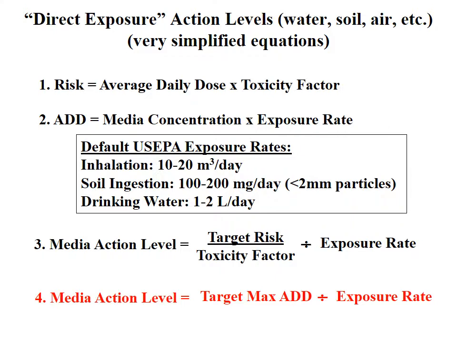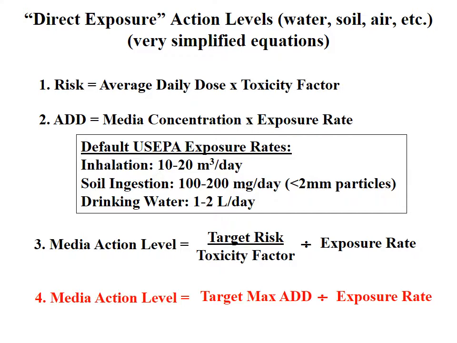This is for exposure to less than 2 millimeter particles of soil. We'll talk about that later, just incidental ingestion of sand-size or flour-size particles of soil. Drinking water, the default assumption is 1 to 2 liters of ingestion a day, 1 liter for children, 2 liters for adults. This was recently modified, but it's roughly in those numbers.